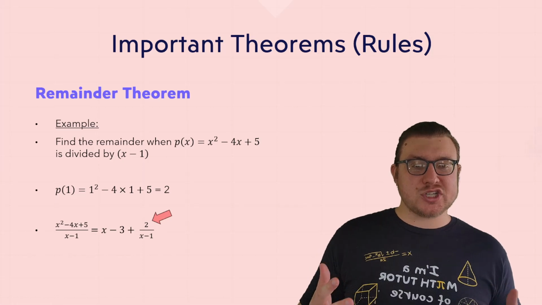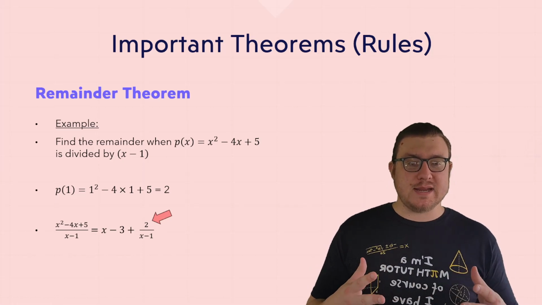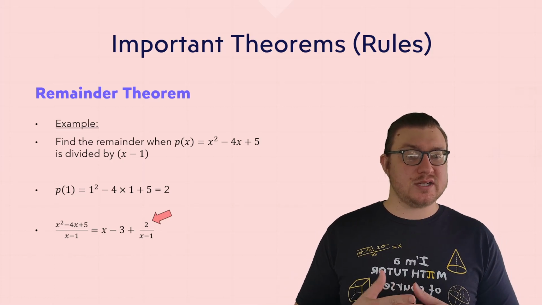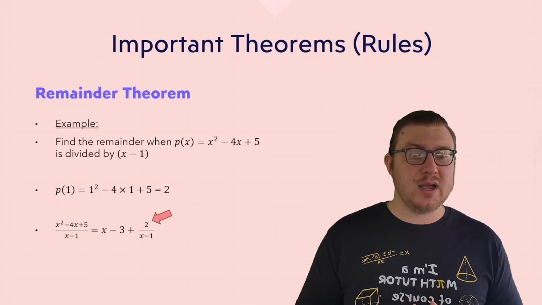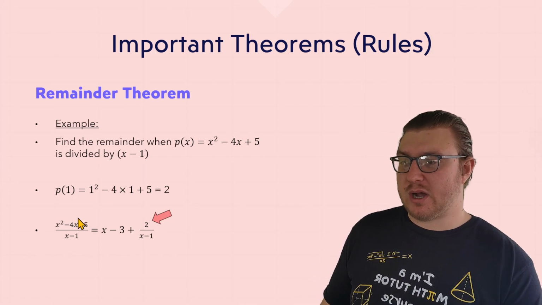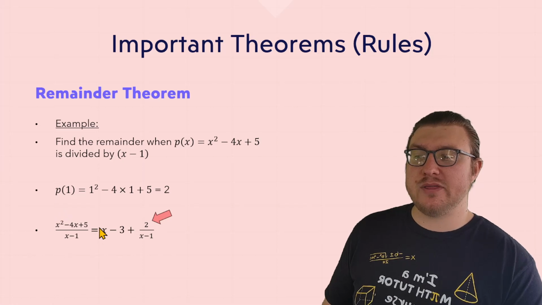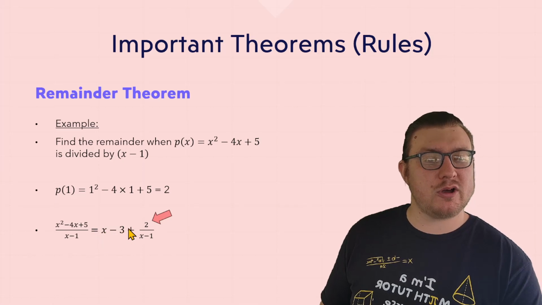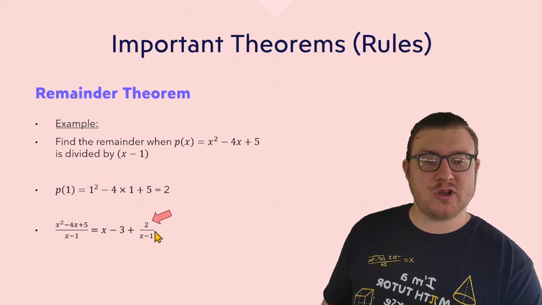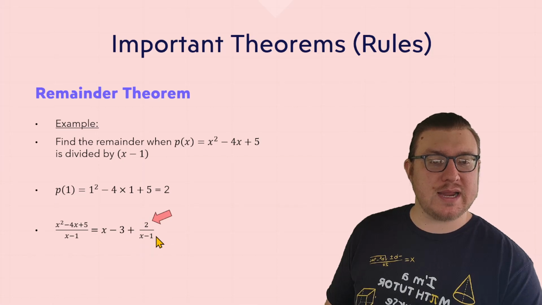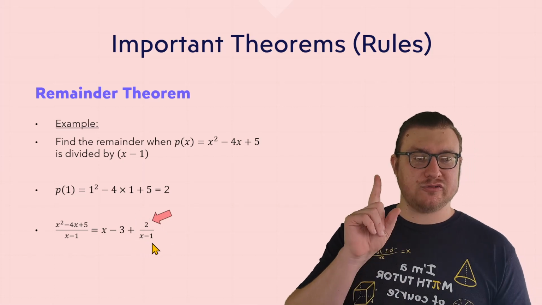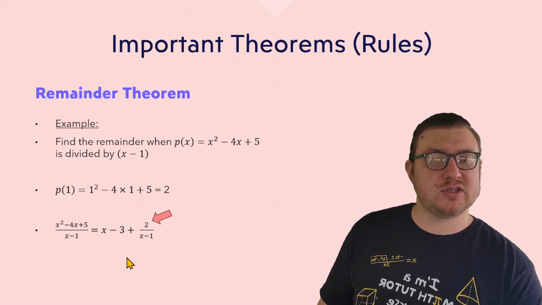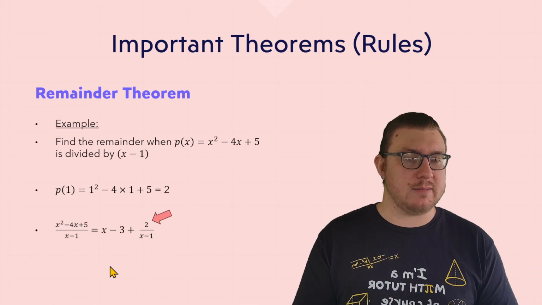So what does it actually mean? Well, that means that when we divide the polynomial x squared minus 4x plus 5 by x minus 1, which is our first term here, we get something that divides it perfectly, plus we're going to have a 2 remaining, because we still have 2 that needs to be divided by the denominator, similar to long division when you have your remainder.